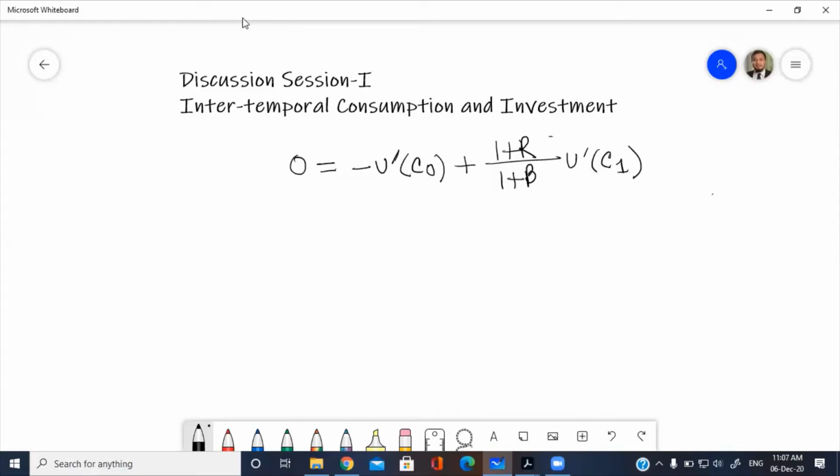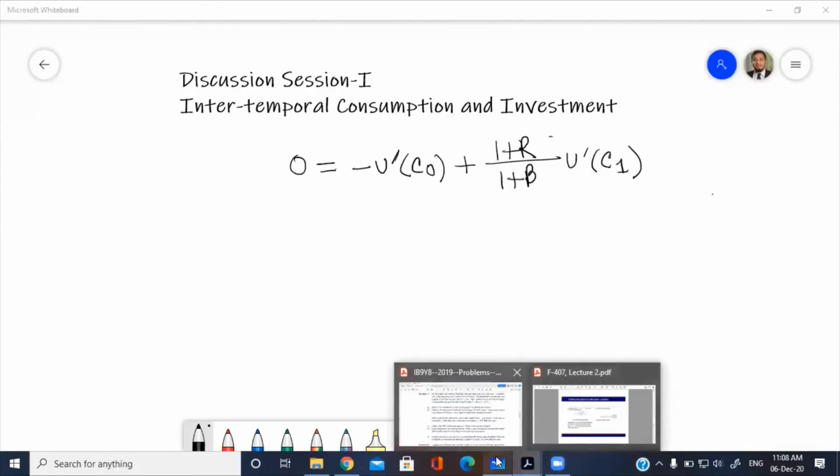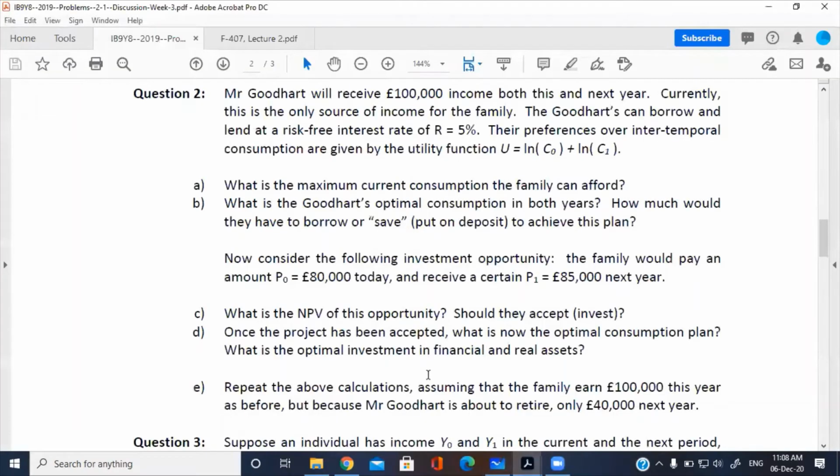First of all, look at the problem. If you have the question open in your device, as it is time consuming for me to write it down. You see that there is no measure of beta, that means how Mr. Goodhart feels about current and future consumption.